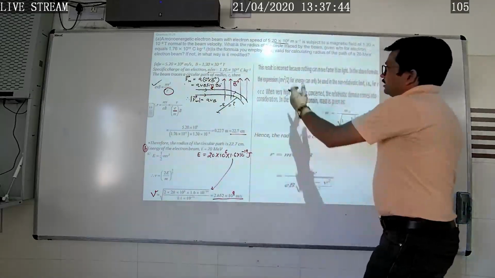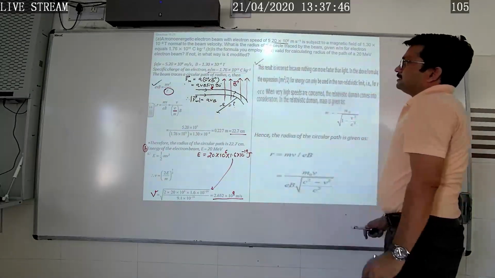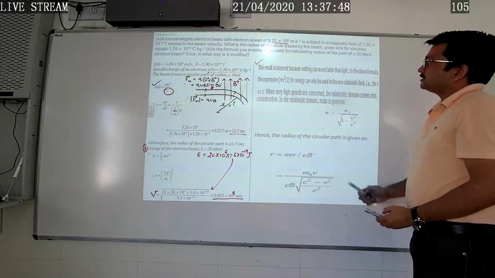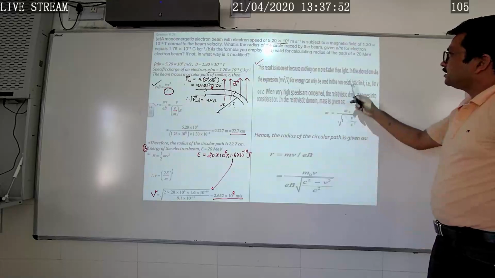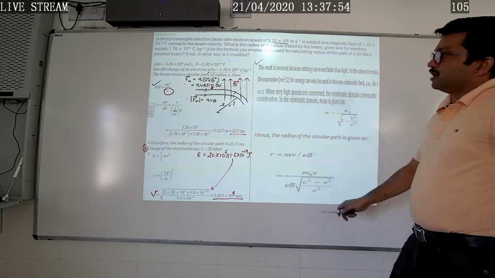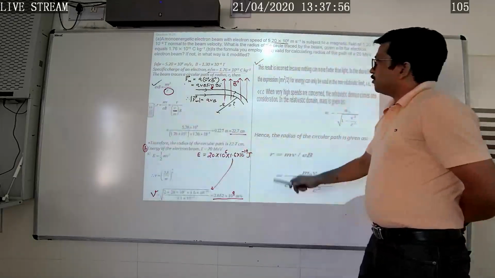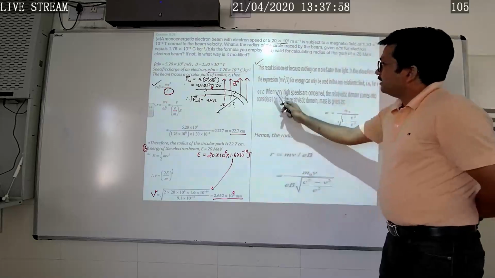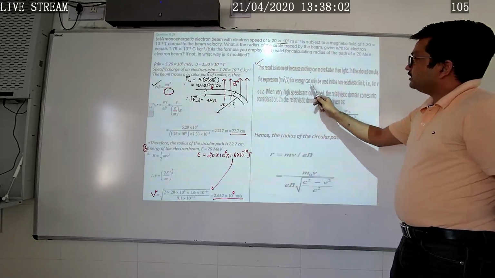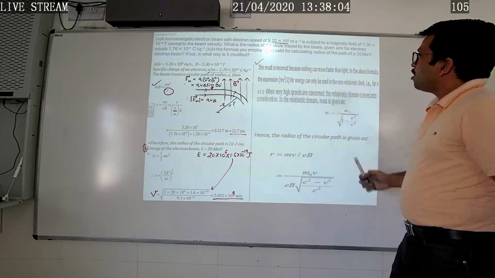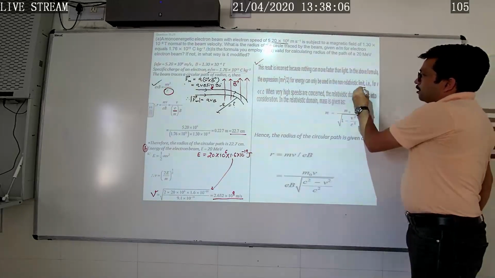So this result is incorrect, because nothing can move faster than light according to Einstein's theory of relativity. The expression mv square by 2 for energy can only be used in the non-relativistic limit.